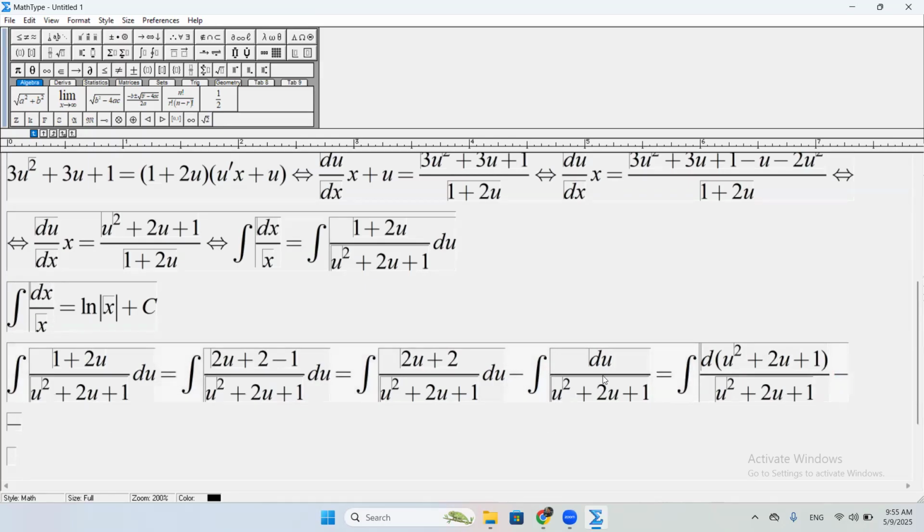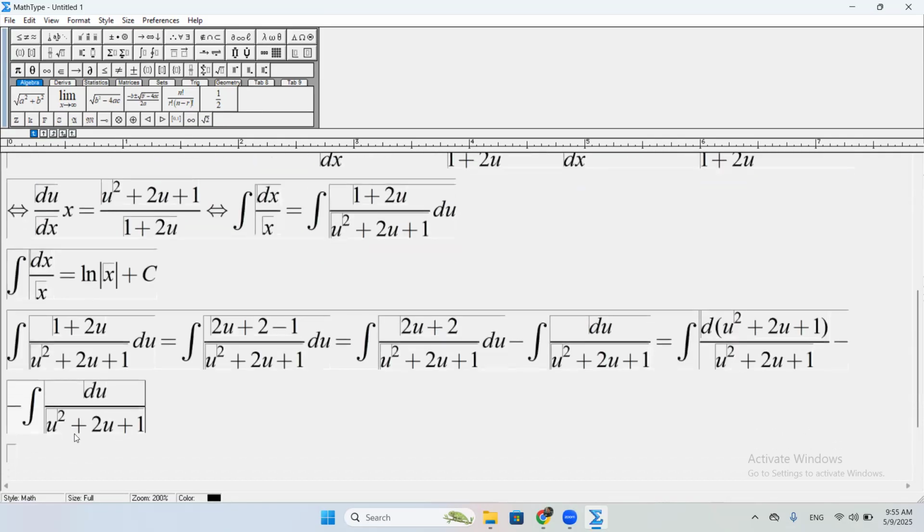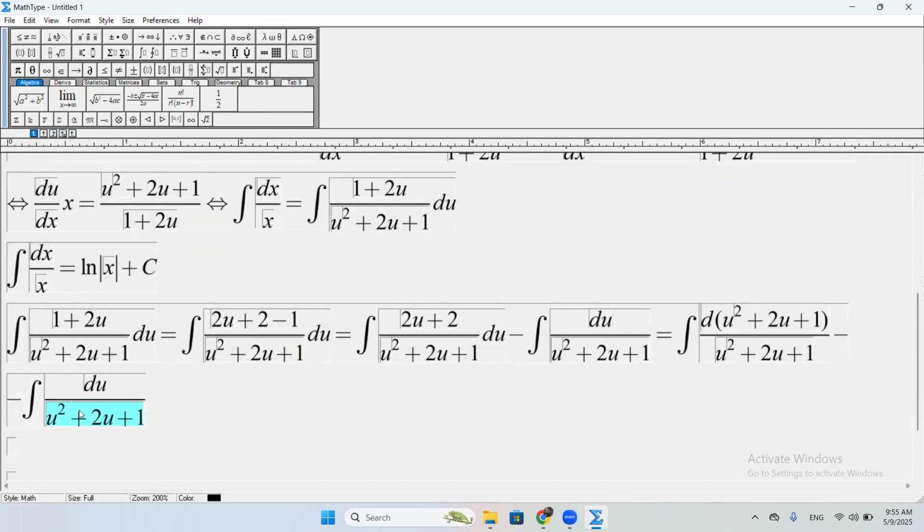And what about this integral? So in the denominator, we have the perfect square, u plus 1 to the power of 2, and actually du can be rewritten as d(u plus 1). So it will be the same.